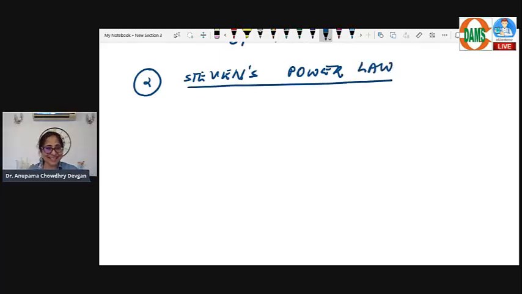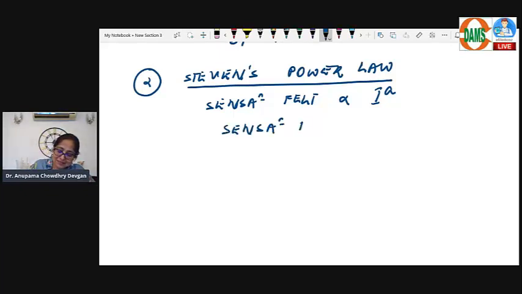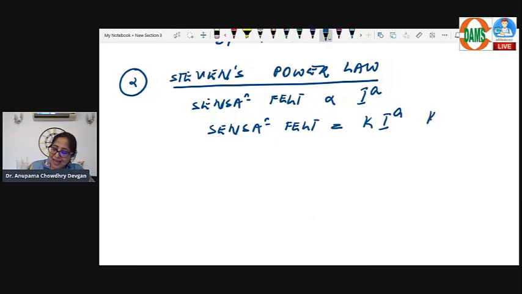Stevens power law states that the sensation felt is not proportional to intensity, not to a log of intensity, but to a power function of intensity. This states that sensation felt is equal to k I to the power a, where k and a are constants. This is called the Stevens power law.